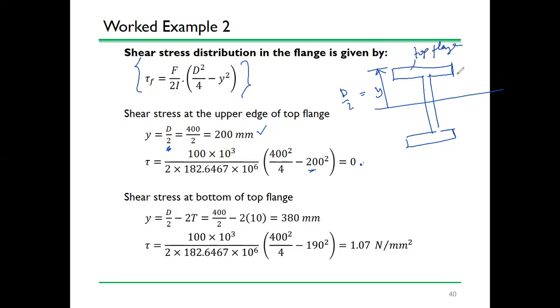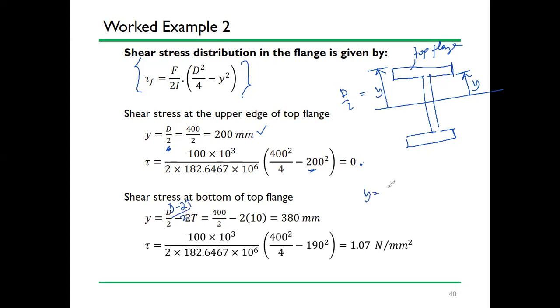So at the bottom here, what do you think is the y? This y here is equal to d over 2 minus 2t. This formula is not right. It should have been d minus 2t over 2.